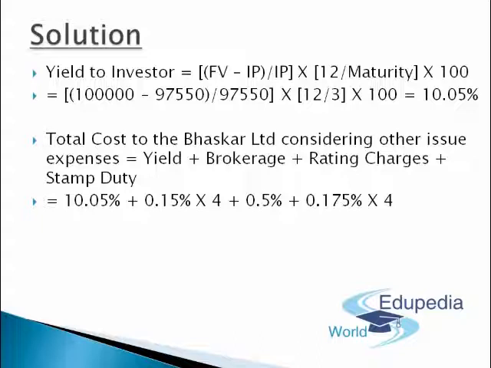So brokerage is 0.15 into 4. Plus, then there are some rating charges which were on per annum basis, that is 0.5%, plus there is stamp duty charges, 0.175 into 4, because that was mentioned for 3 months. So we'll be able to extract the total cost for Bhaskar Limited, and that is 11.85%.